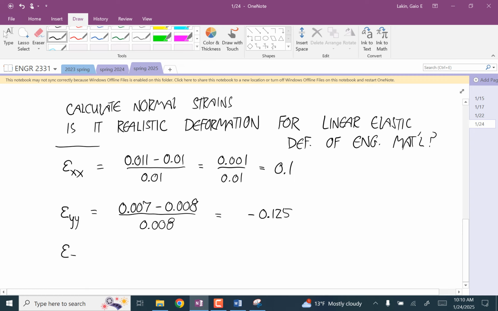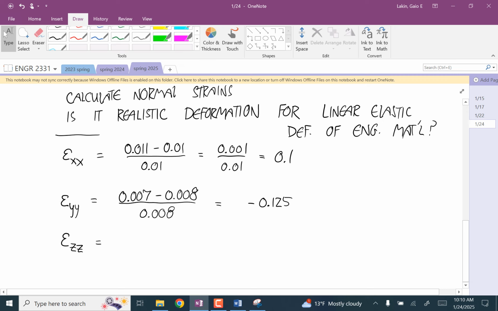And then in Z, I said that the length is unchanged, so you would expect that to be a zero deformation, and that's what it is. Whatever the ending length is, it's the same as the starting length, divided by L sub 0, and so that gives you 0.